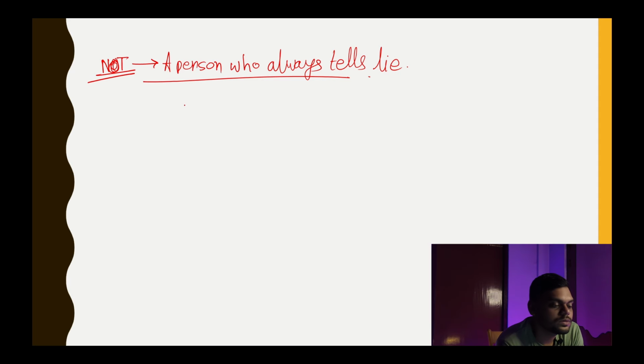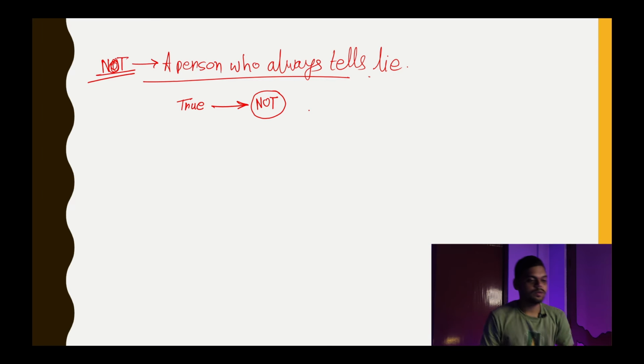Let's see how the NOT gate works. Let's suppose someone says a true statement and you pass the statement through the NOT gate, then the output will become false.